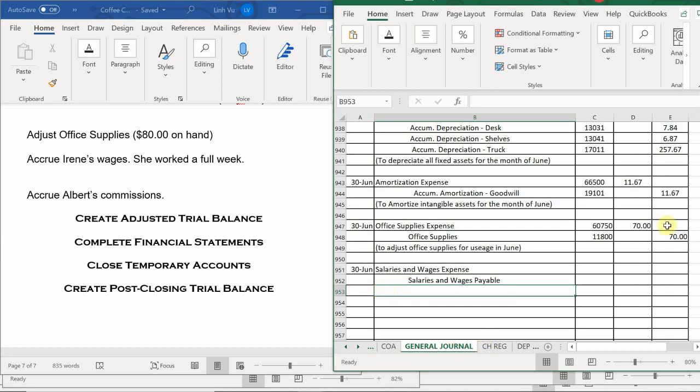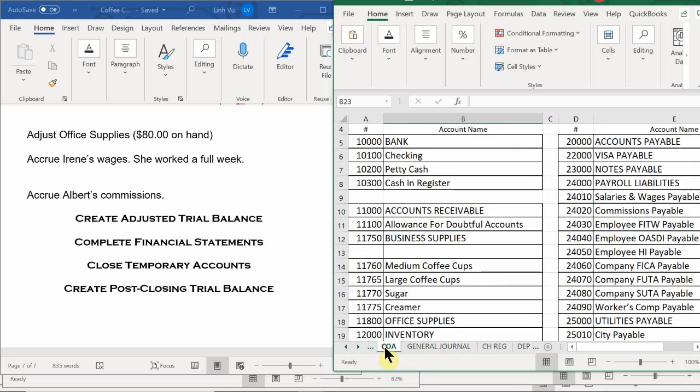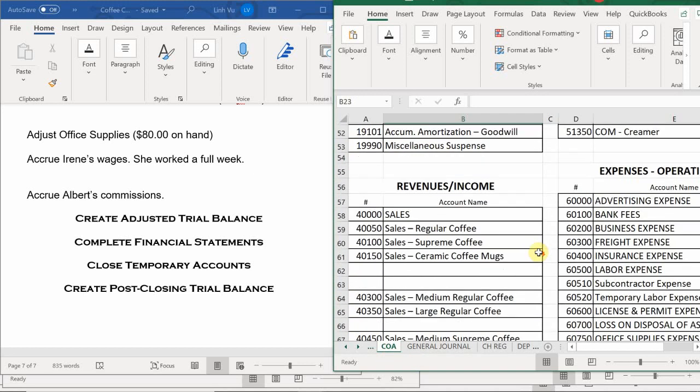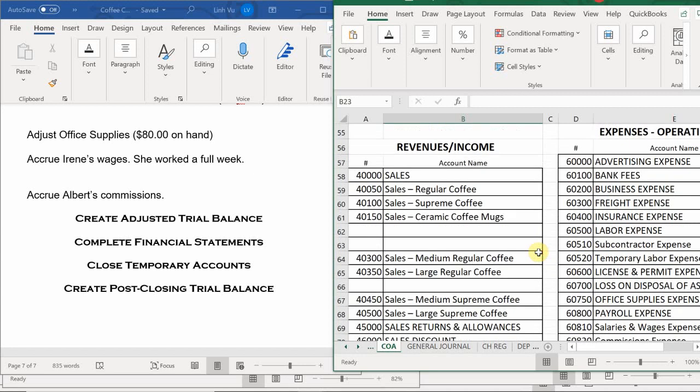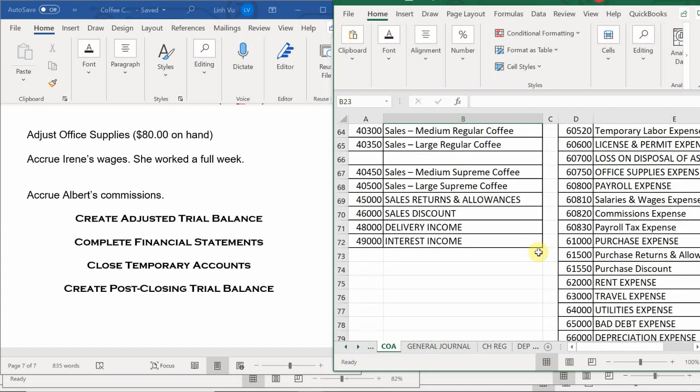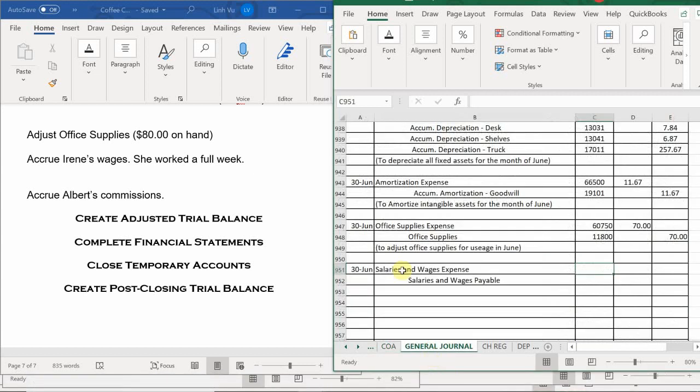All right. So my salaries and wages expense account is going to be $68.10.